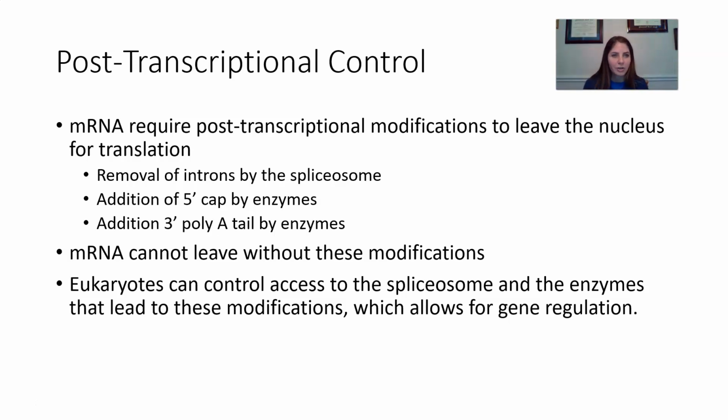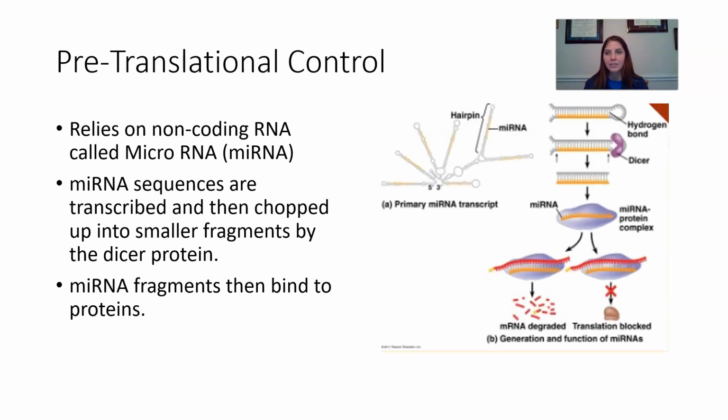So there is the removal of introns by the spliceosome, as well as the addition of the 5' cap by enzymes and addition of the poly A tail. Those are basically two little keys that messenger RNA has to use in order to exit the nucleus so they don't get degraded by enzymes. Messenger RNA can't leave without those modifications. And eukaryotes can control access to the spliceosome and enzymes that lead to those modifications, which allows for gene regulation.